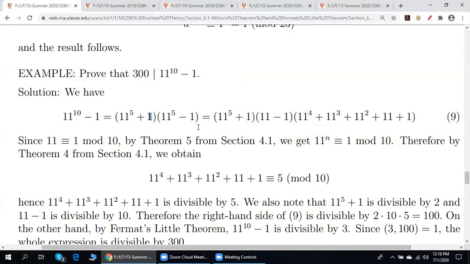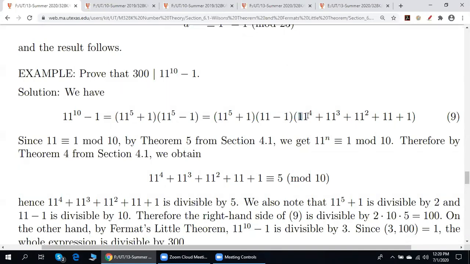Let us think about 11 as A and 1 as B. A to the 5th power minus B to the 5th power is A minus B times A to the 4th power plus A cubed plus A squared plus A plus 1.